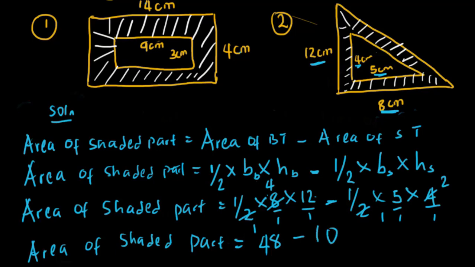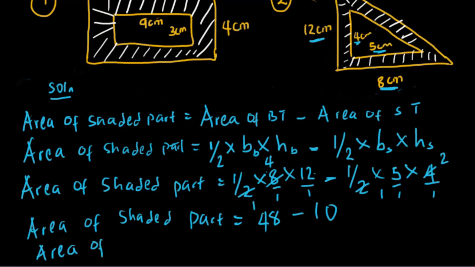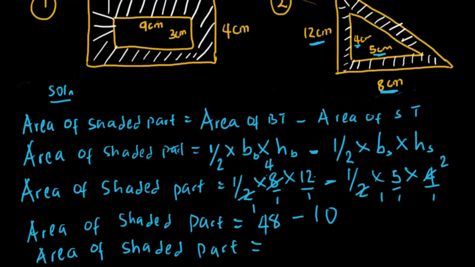So we have 48 minus 10, which means that area of shaded part equals to 48 minus 10 is 38 centimeter square, and this is our answer.